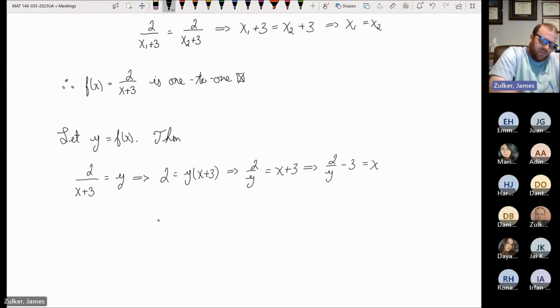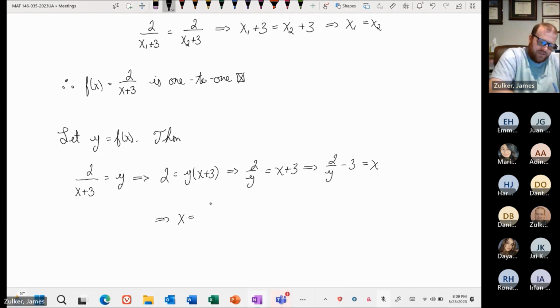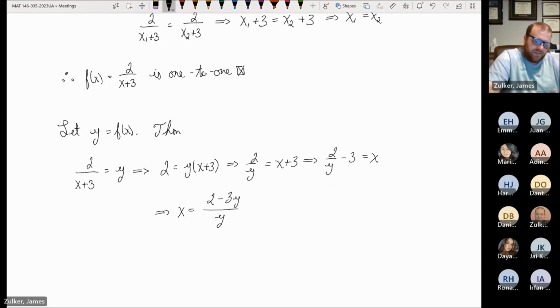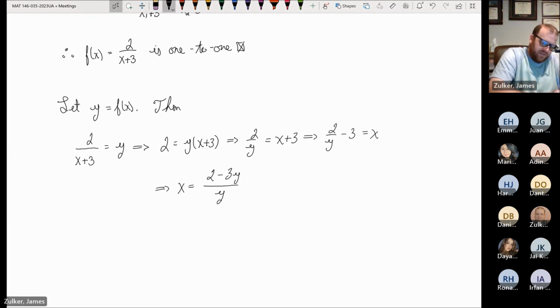While not necessary, what I'm going to do is write this as a single fraction. That'd be 2 minus 3y all over y. So f inverse of x would be 2 minus 3x all over x.